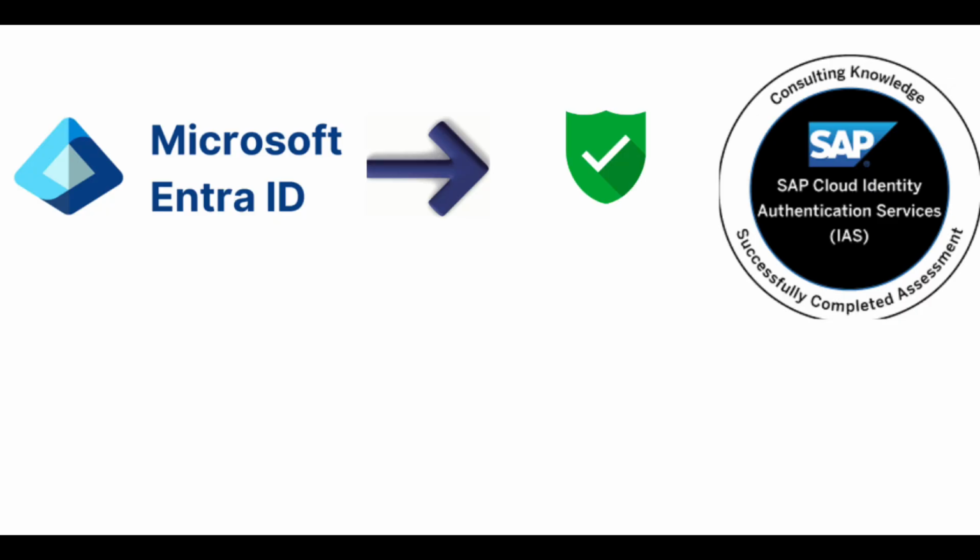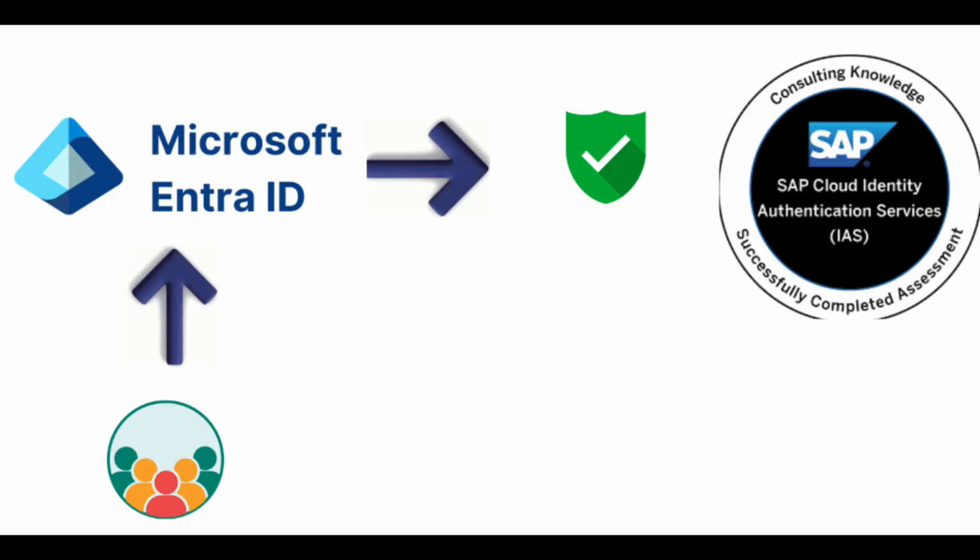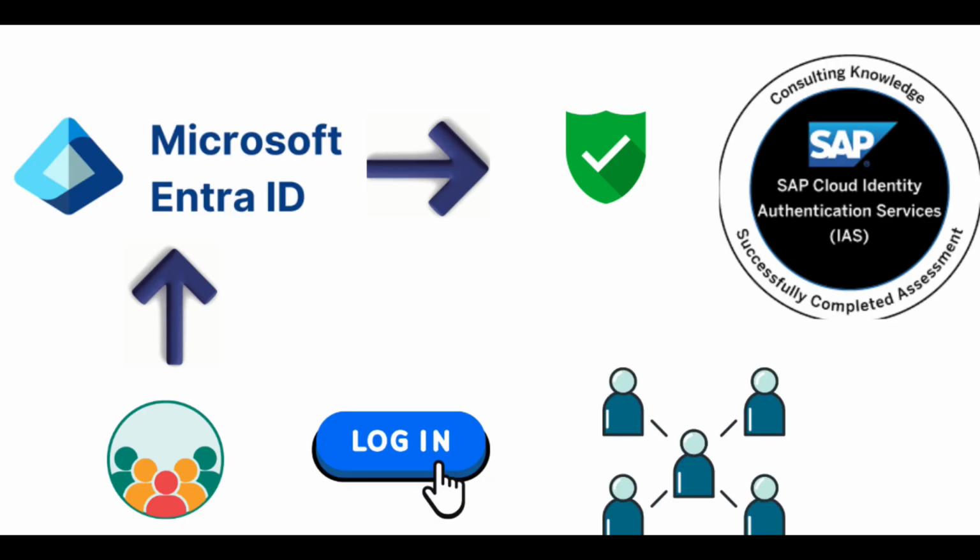You can add users to Entra ID and in turn control which of those users can have access to SAP Cloud Platform Identity Authentication. Users get a seamless experience of logging into SAP Cloud Platform Identity Authentication with their Microsoft Entra account. You can also manage your account in one central location.